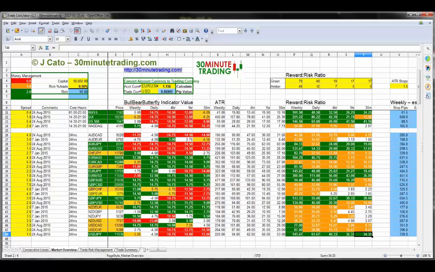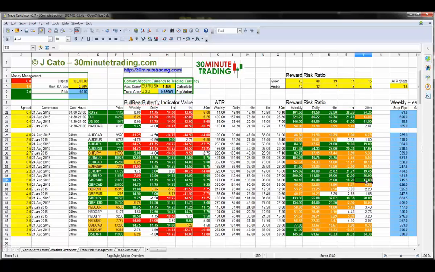So those are the assets at this particular time that I would have been willing to trade, because they all match onto a good inherent reward to risk ratio. Now obviously I can fiddle with the numbers up here. If I change this and say, actually I'm willing to accept something a bit lower than that, let's say 15 instead of 17, you can see now that it's introduced this.